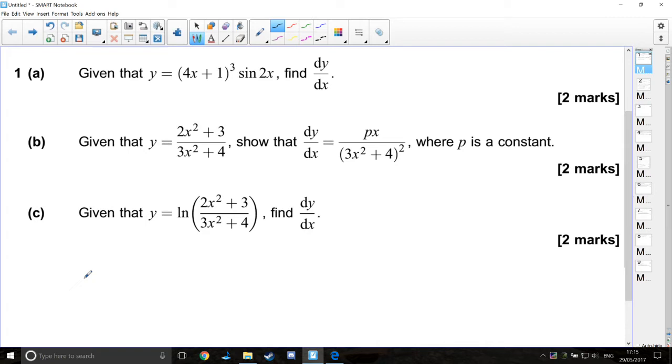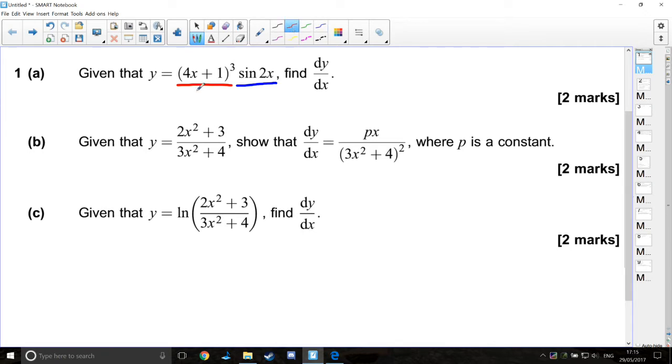Okay, so we're starting off with y equals (4x plus 1) all cubed multiplied by sine 2x. We're asked to find the derivative dy by dx. The first thing to notice is that this part is multiplied by this part, which tells me this is going to be a product rule.